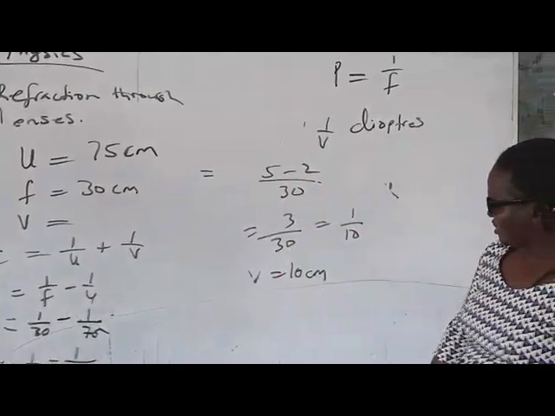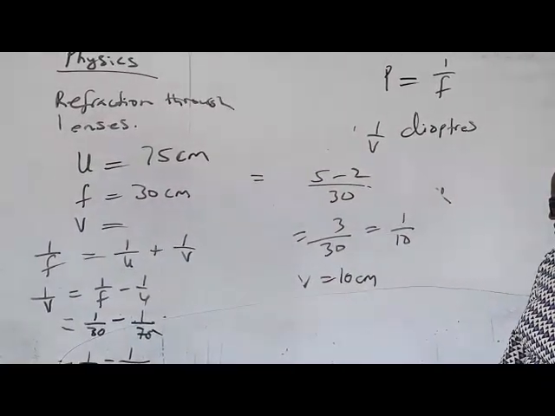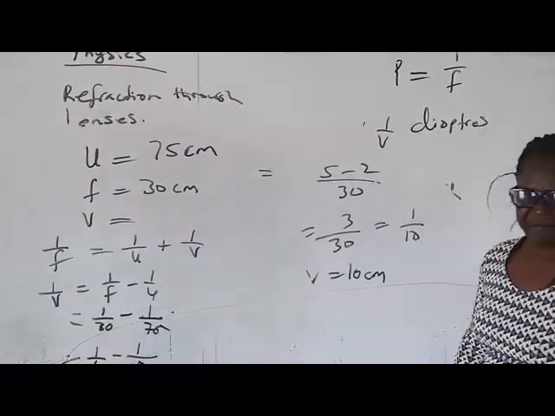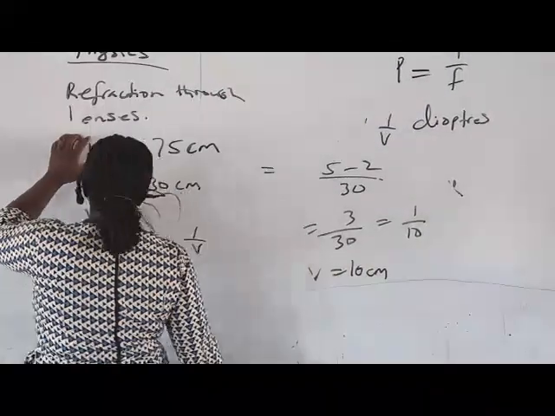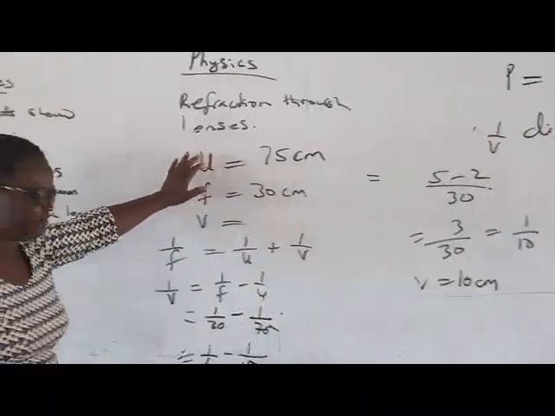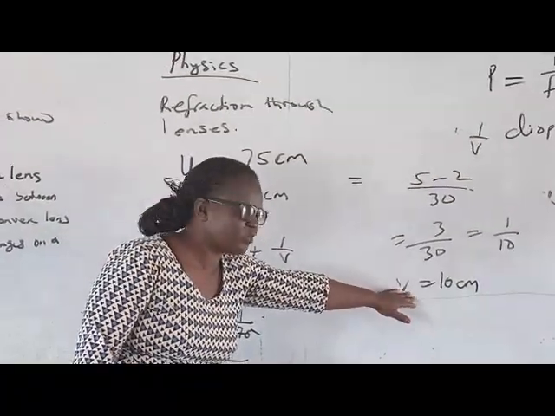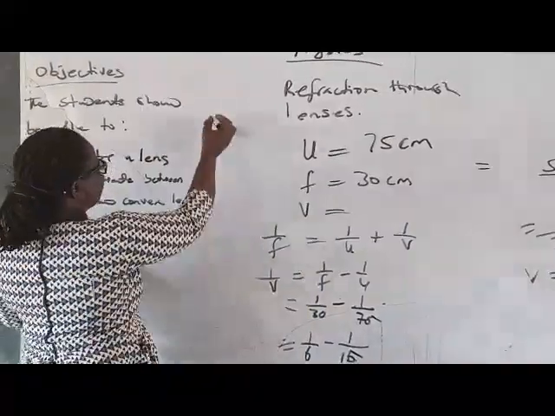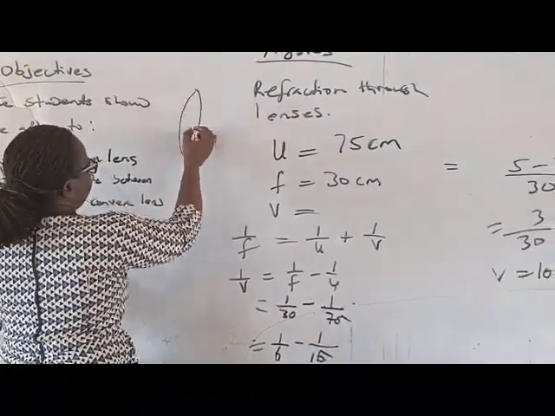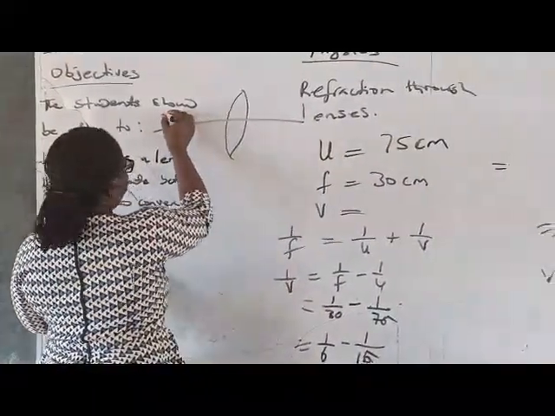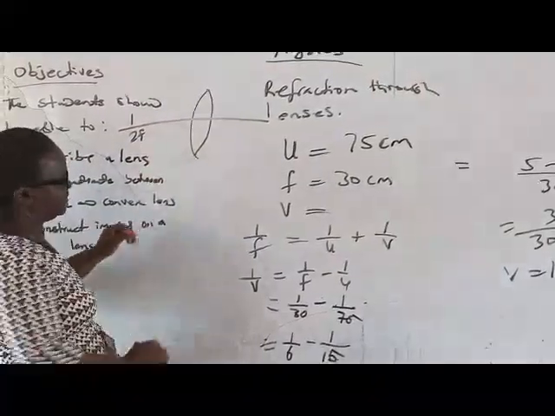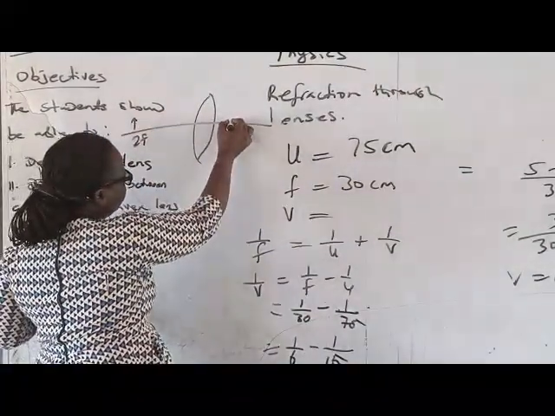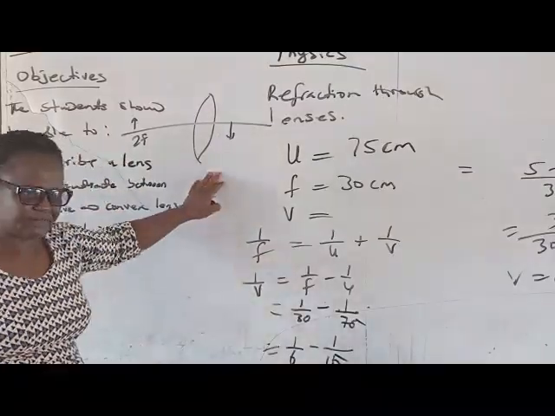From here, you can also determine the position of the image. Remember, object distance is 75 cm. Image distance you have found to be what? 10 cm. So it means that if you place the object beyond 2F, the image will be formed somewhere here.